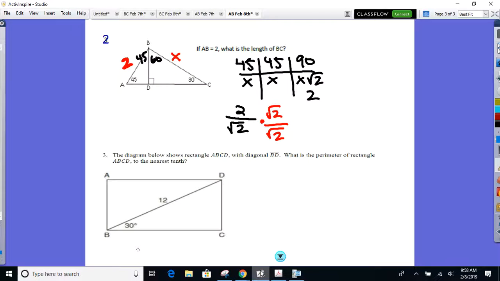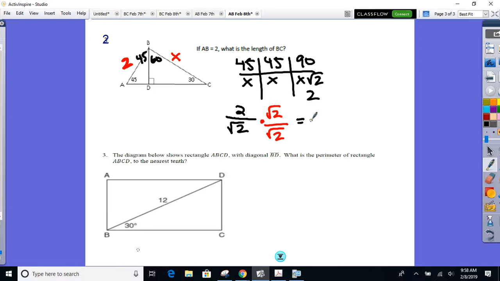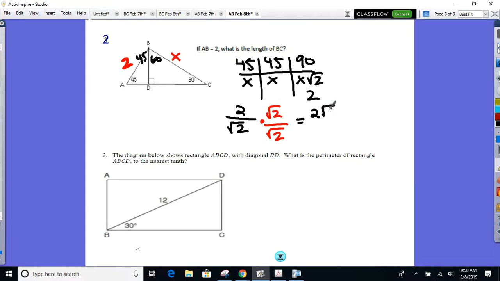So 2 times radical 2 on top. And what do I get on the bottom with radical 2 times itself? 2. Can you keep going down for me? What's left?